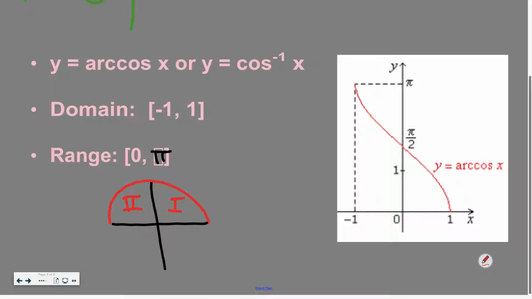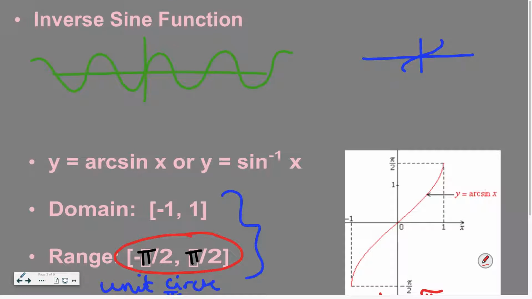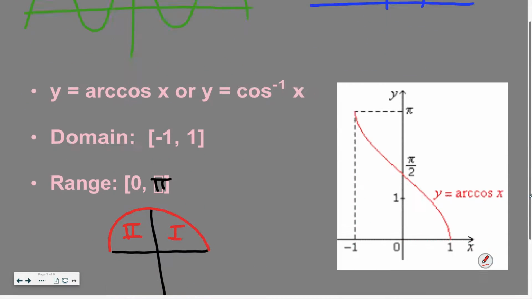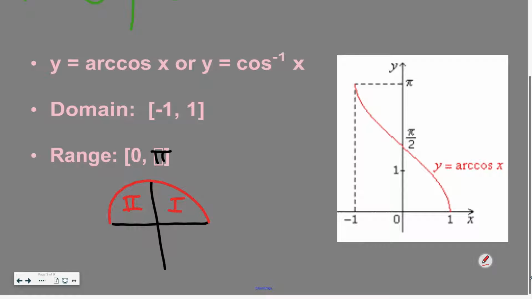If we wanted sine to have the same range, going from the first and second quadrant, what's true about the sine in the second quadrant? They're positive.